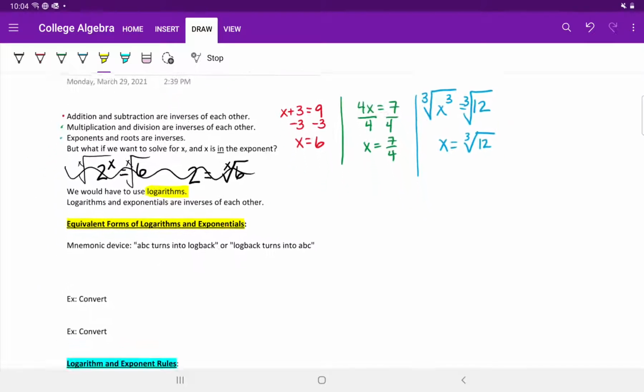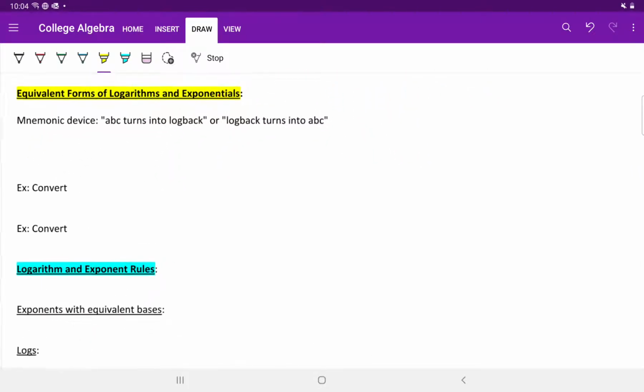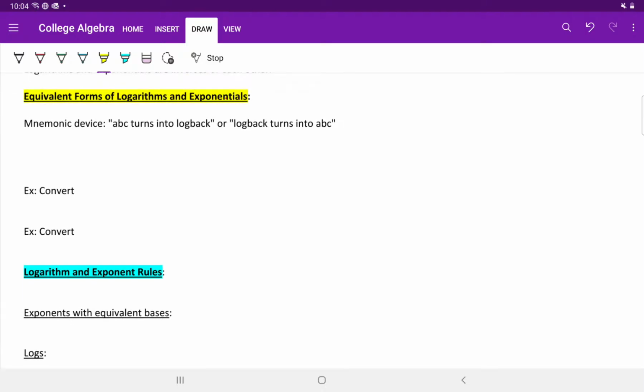So here's a rule. Logarithms and exponentials can be converted back and forth, and I use this little mnemonic device. If you start off with an expression like a equals b to the c, we can rewrite this as a logarithm that looks like log base b of a equals c.